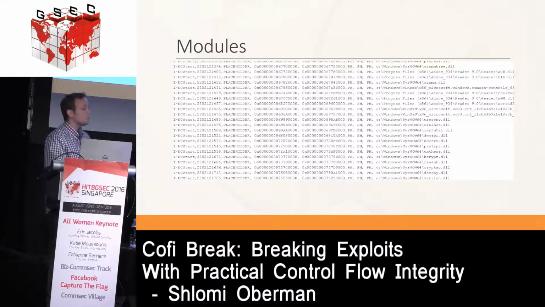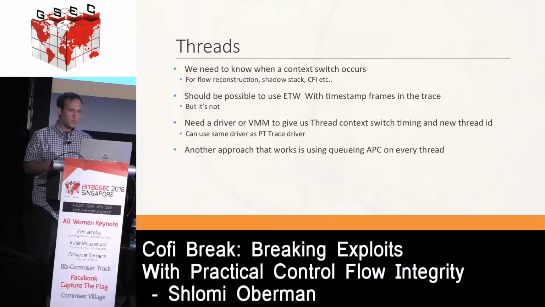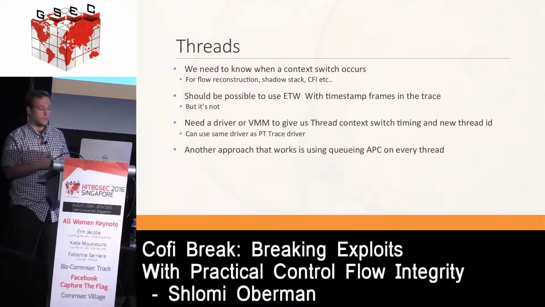You might see some modules appearing twice. This is the start of a program, but sometimes you can see the same module being loaded twice because it gets unloaded and reloaded at different addresses. So we take this and we sync it with the trace based on the trace information itself, on the address, on the program reaching LdrLoadDll. There's no need to sync the unloads since every time we perform a load, we perform all the previous unload methods.